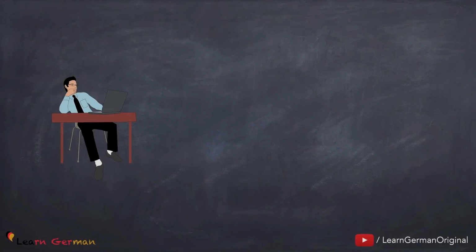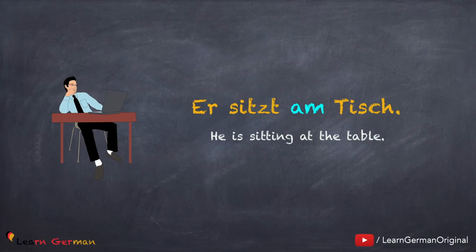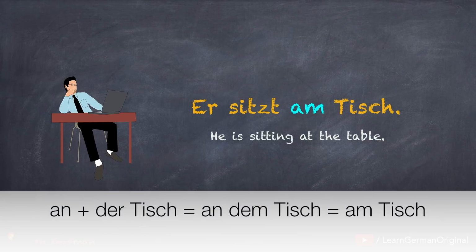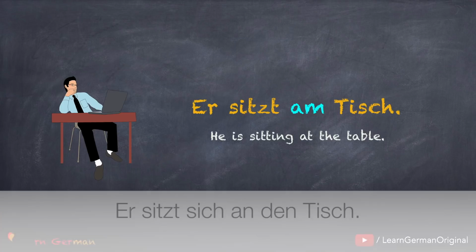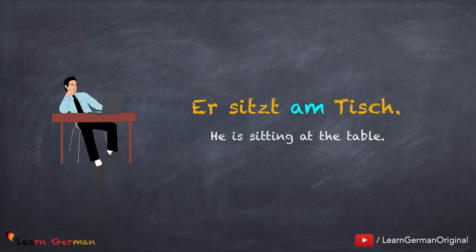In the next sentence, we are talking about position. Sitzt am Tisch. Der Tisch will change to dem Tisch, and together with the preposition an, you will say am Tisch. Had there been a movement here, you would have said setzt sich an den Tisch. In this case, an would have taken the accusative article.